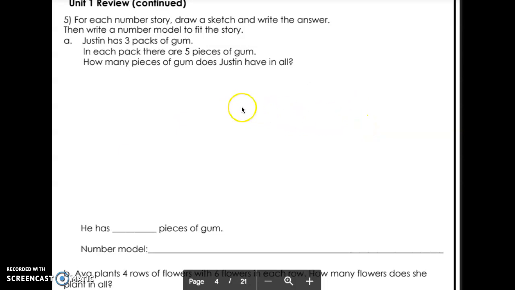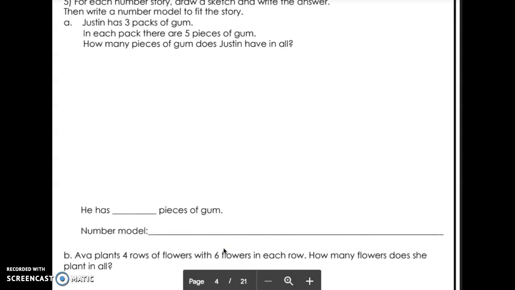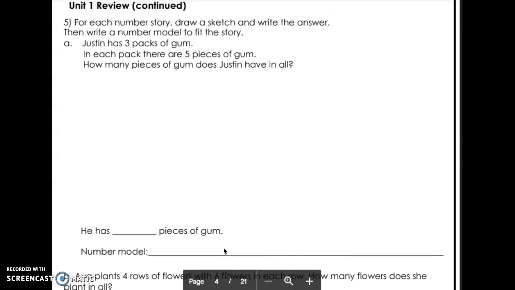Then you count how many in all, put your answer, and then write your number model. Remember, we talked about how your number model can be addition, repeated addition, so you could go 5 plus 5 plus 5, and put the answer down, equals what?